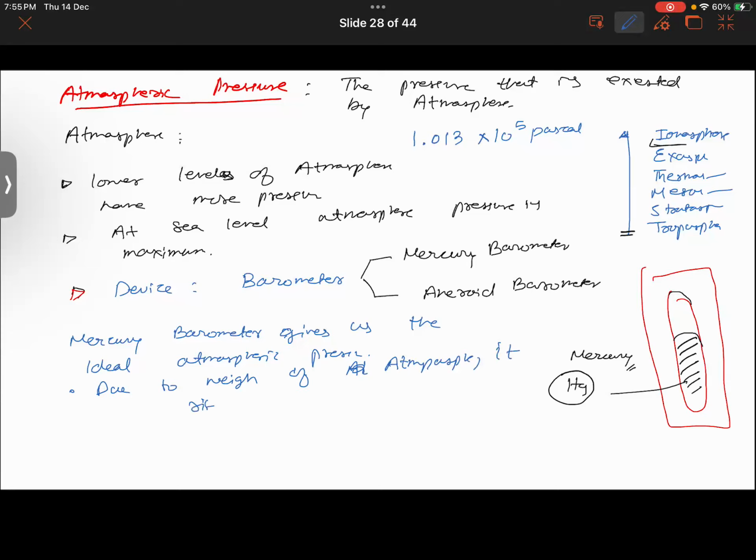It rises or falls, and that gives you the reading. Second, you have got the aneroid barometer, but most commonly we use the mercury barometer. Getting it or not?